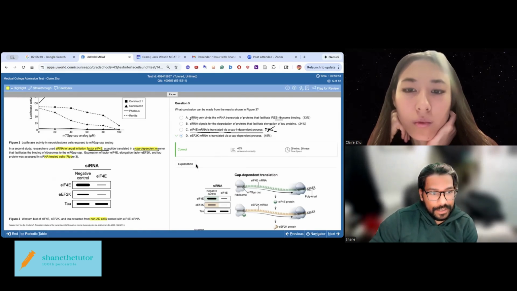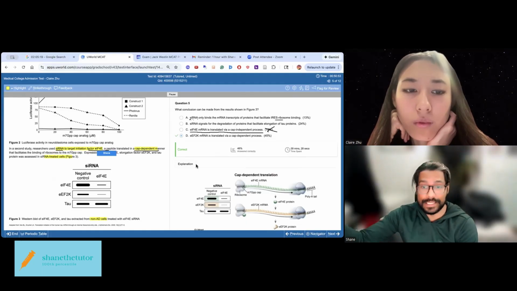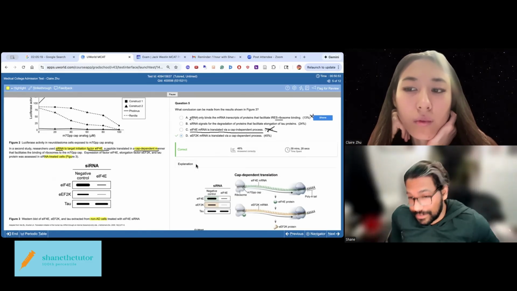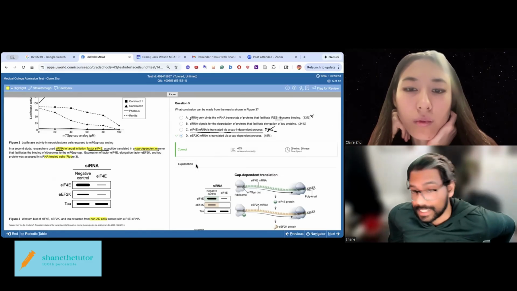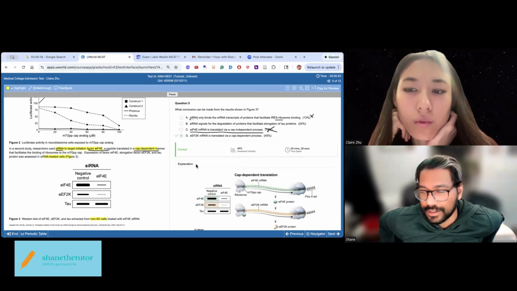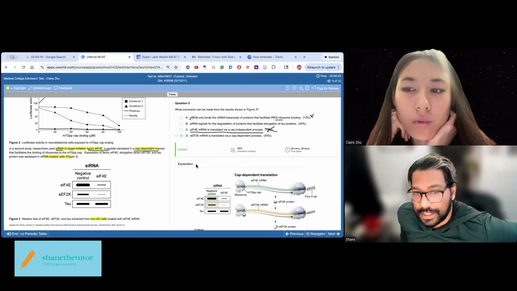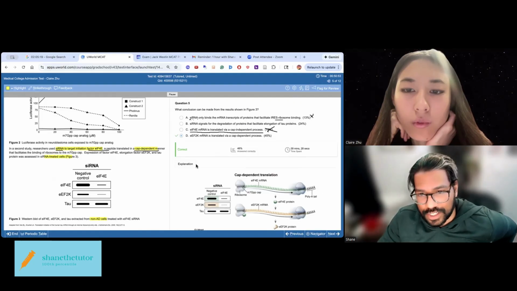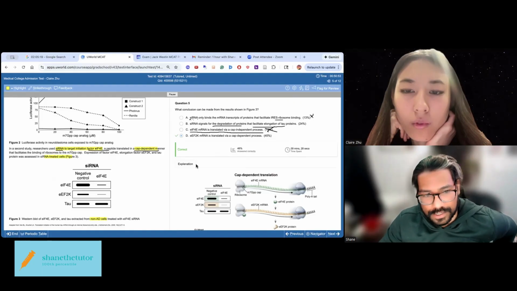And this siRNA binds to the thing that binds to the cap. So this, in other words, is kind of saying what C is saying.